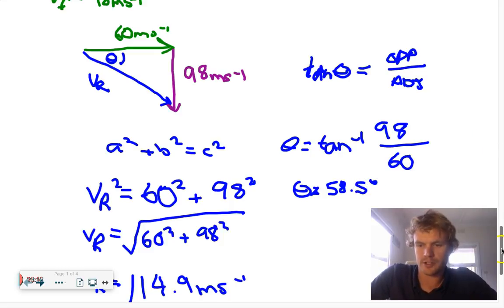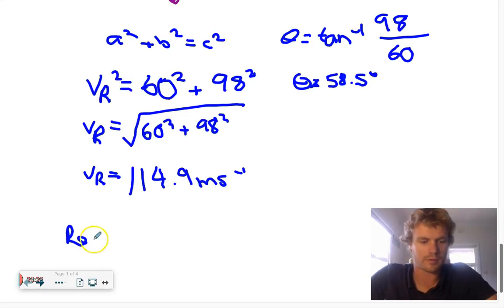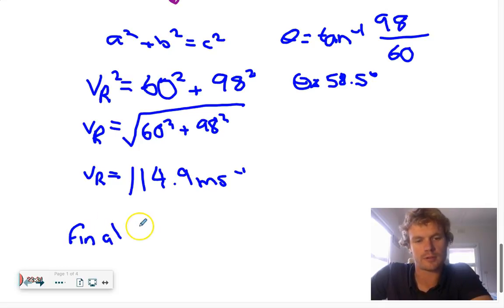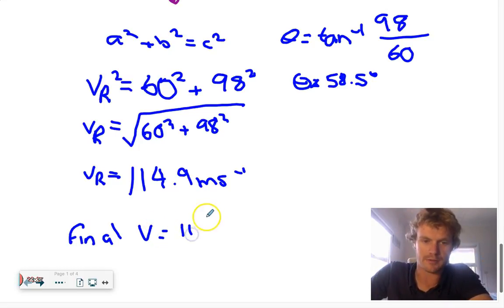So now, to finish off this question, what I would say is that the final velocity is equal to 115 meters per second, if I round it up to 3 significant figures.